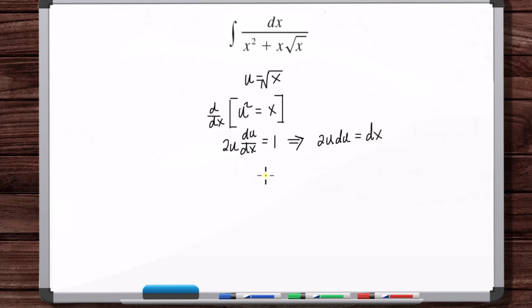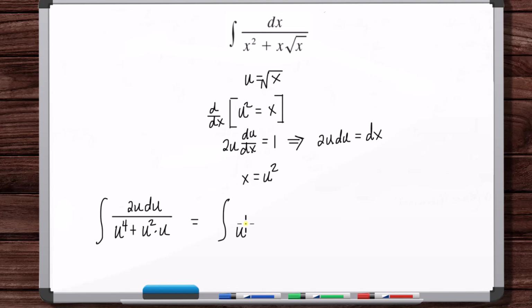Okay, and so again we've got x is equal to u squared, and so we can make the substitution. x squared is u to the fourth. x is u squared. Square root of x is u. Now dx is 2u du.